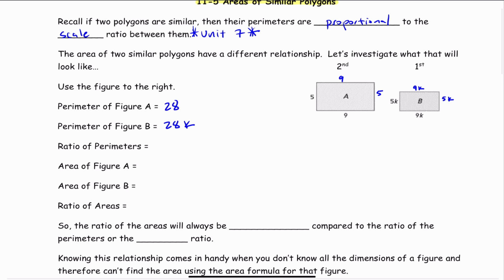So I'm going to find the ratio of both of these perimeters. Let's take the ratio between the first, or the smaller figure, over the second, which is the bigger figure. So first to second.